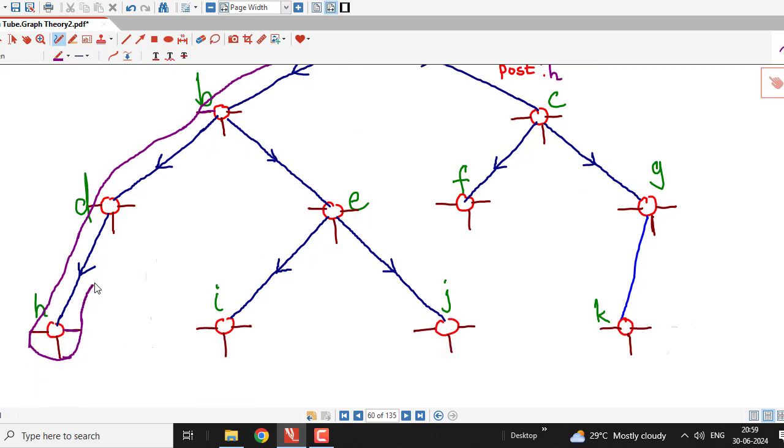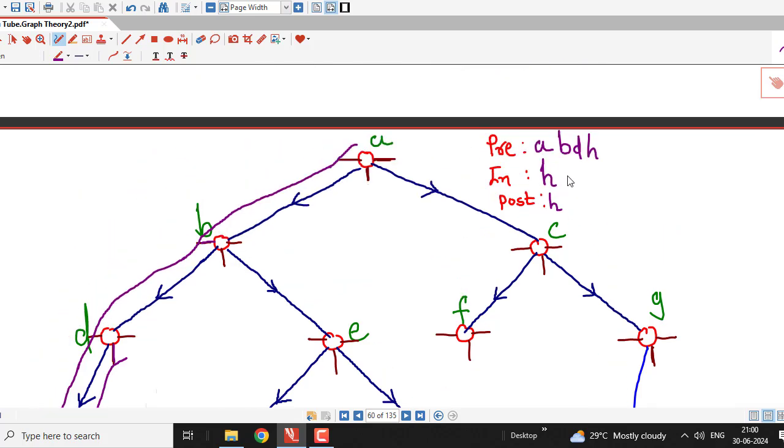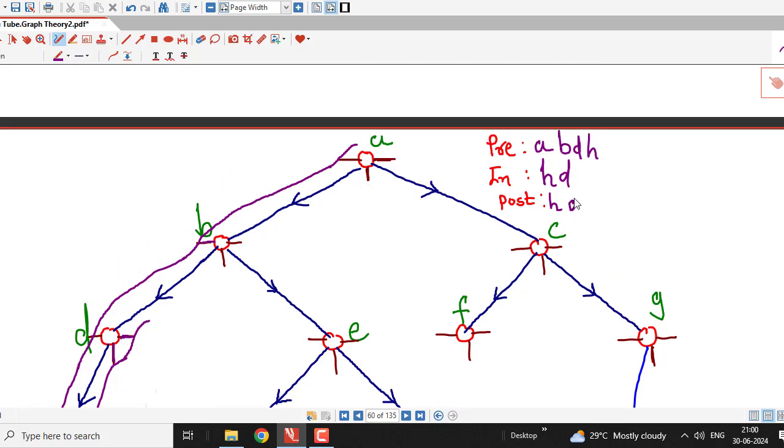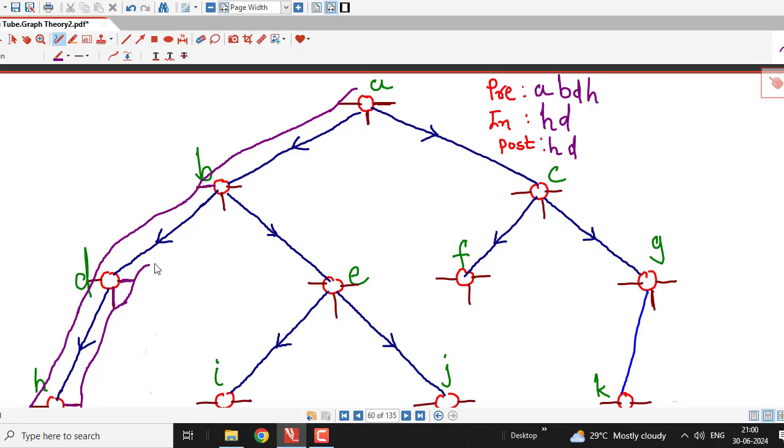Then I am going in this direction, so here this is for in-order, and it is for vertex D, so I am writing vertex D in in-order, and then I will move in this direction. So again I have this post-order line for D, so I am writing D here, and I am moving forward.